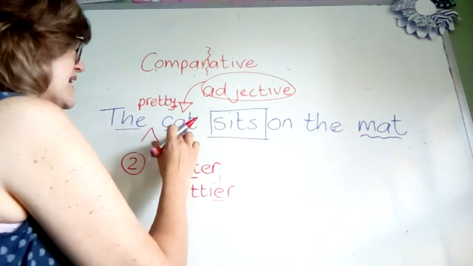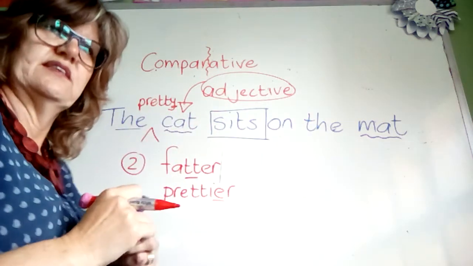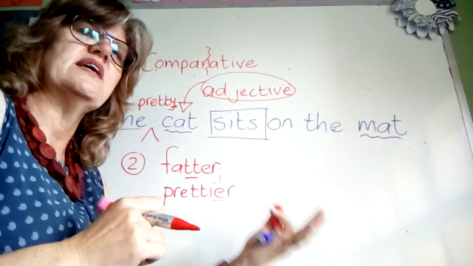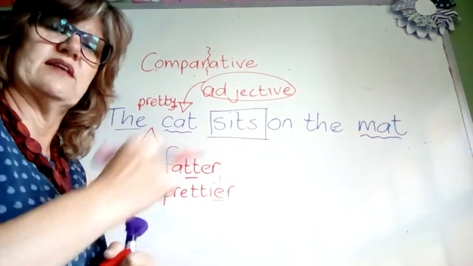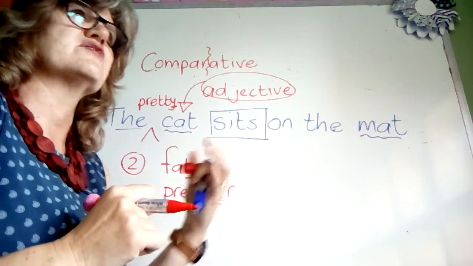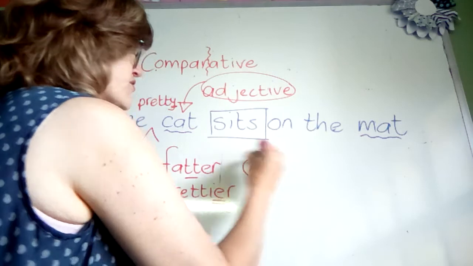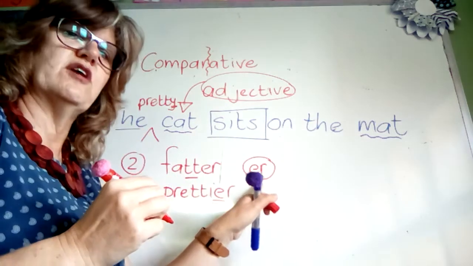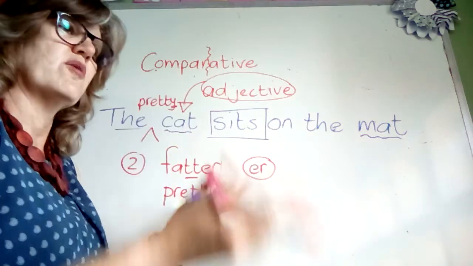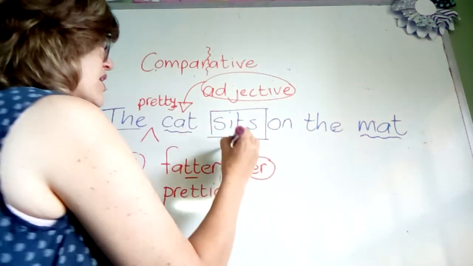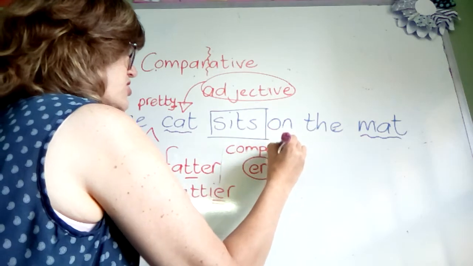I can say the thin cat. So the one is thinner than the other one. The one is smaller than the other one. The one is faster than the other one. Can you see? Most of the time, that's not a rule, but most of the time you will find that ER because I'm comparing the two. How I always remembered it when I was your age.